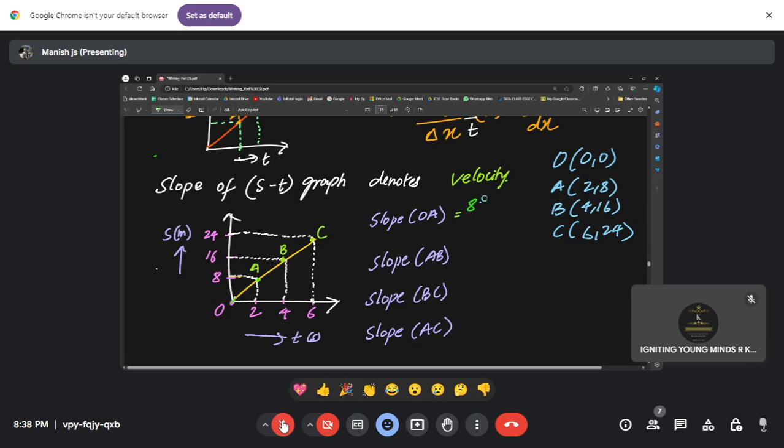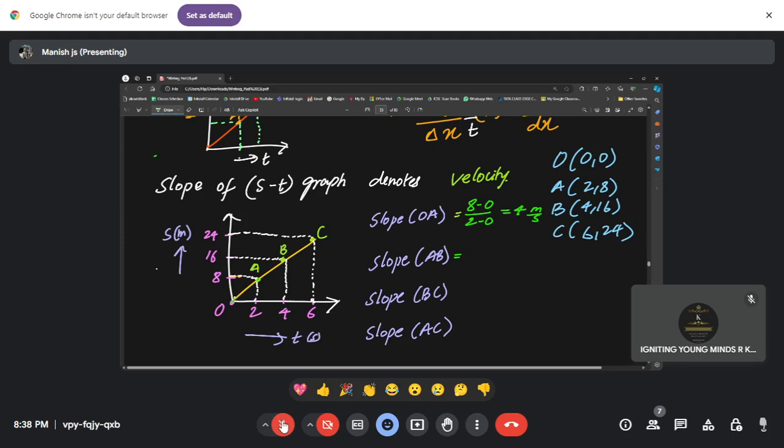Upon change in x-axis, it's changing from 0 to 2. So it is 2 minus 0. That's y2 minus y1 upon x2 minus x1. And what's the answer? 8 upon 2 ultimately gives you 4 meters per second. And that's the slope for the region OA.